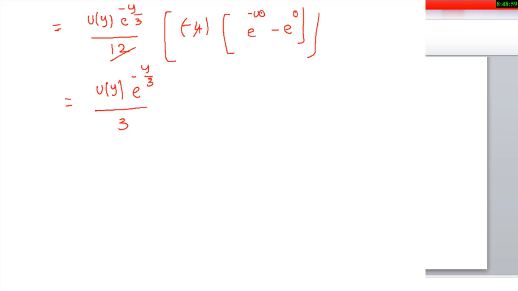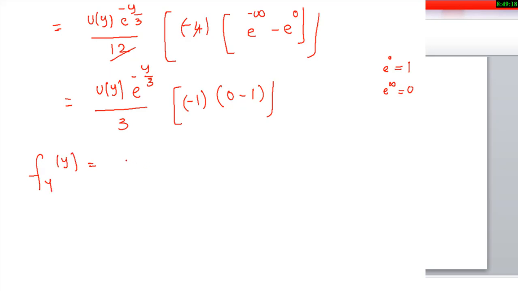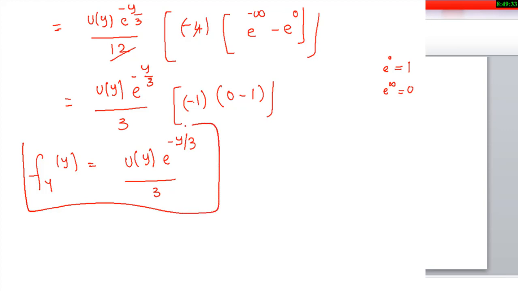Now e power minus infinity is 0, whereas e power 0 is 1. So we'll be getting minus 1 term over here, and this is 0 minus 1. So I'll be getting f of y is nothing but u of y e power minus y by 3 divided by 3. This minus 1 and this minus 1 will become 1. Now this is called the marginal function of y.